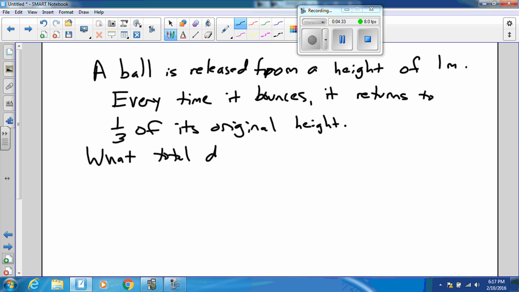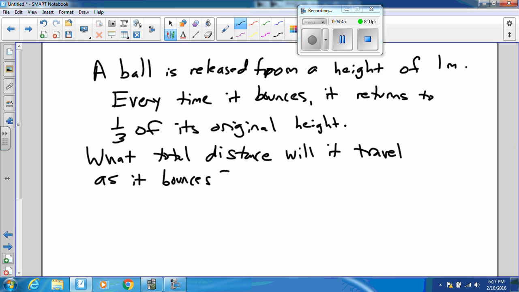What total distance will it travel as it bounces?